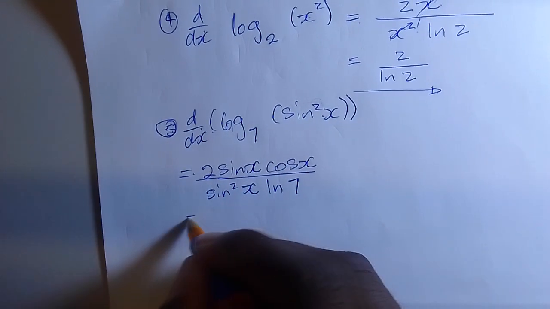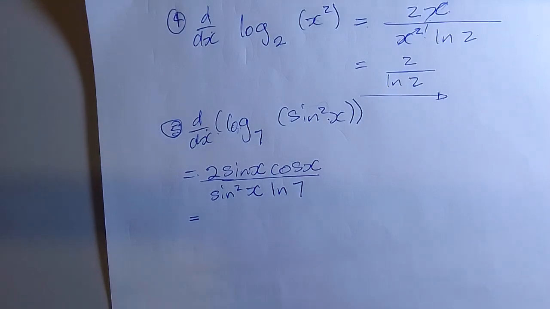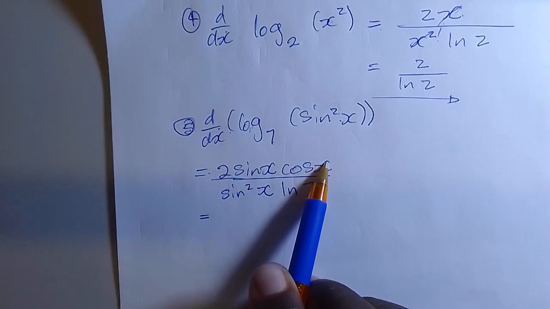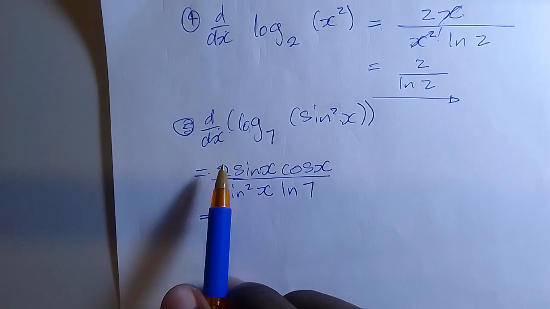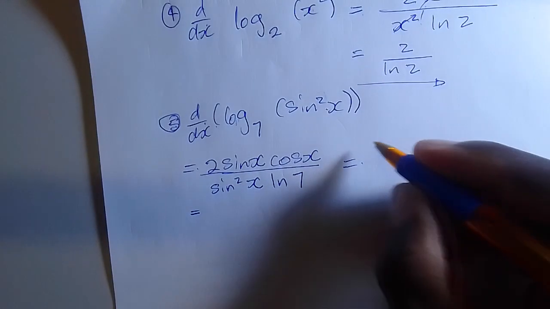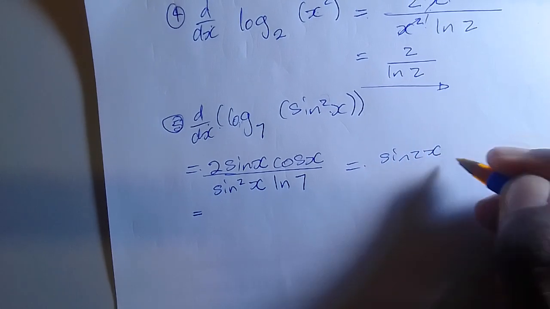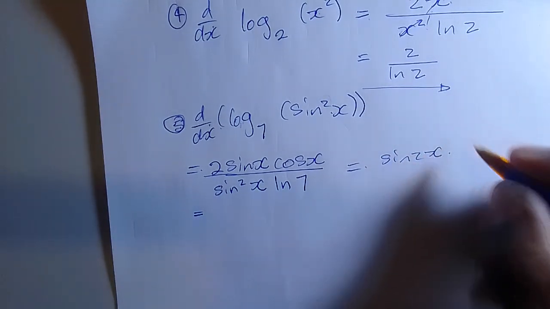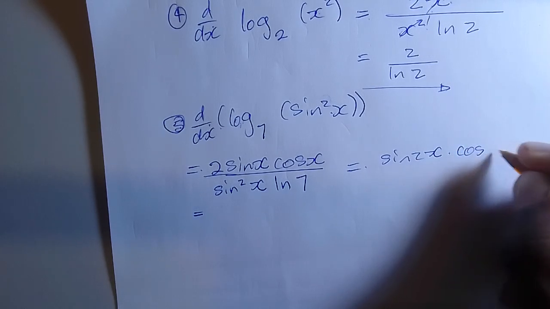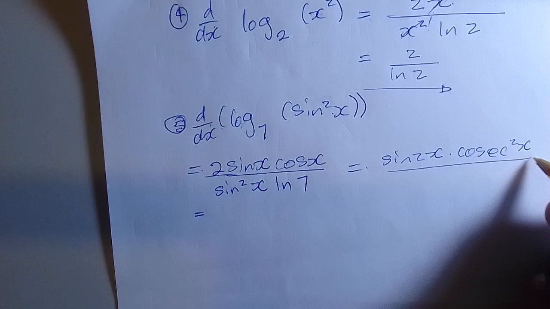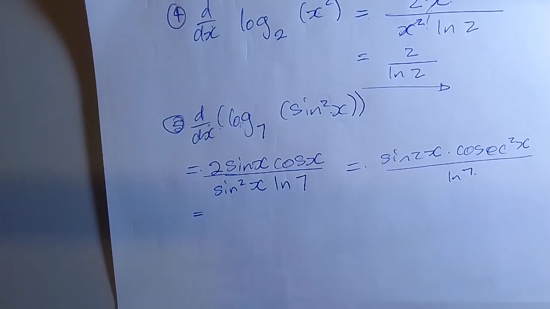Now this simplifies to be, okay, there's multiple ways you can do this, but you can say this is sine 2x, and then that means you have, let me show both ways. This will be sine 2x times cosec squared x divided by ln 7, I guess.